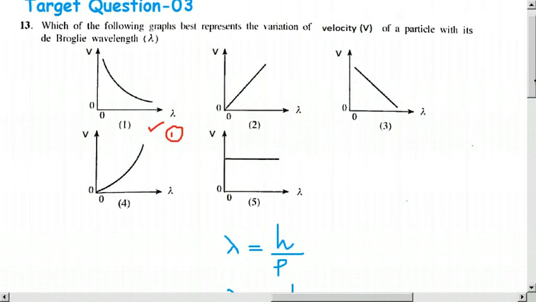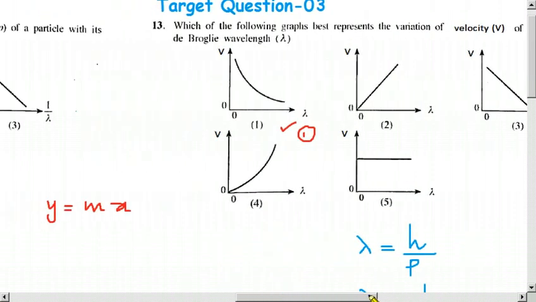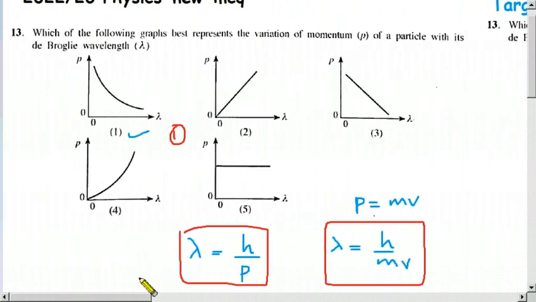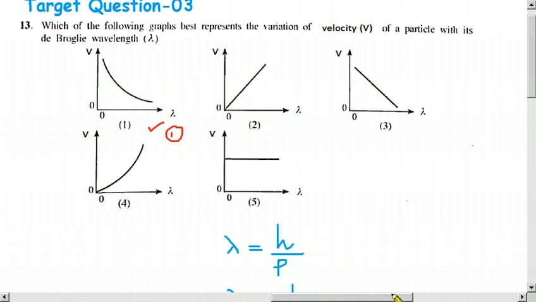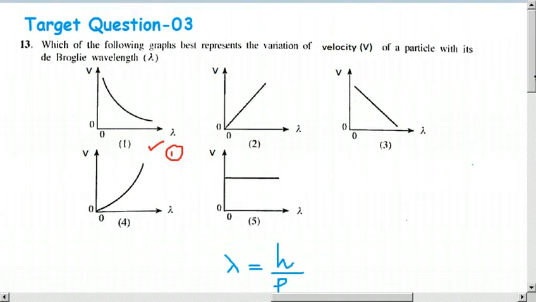That way also you can achieve the correct answer from the original question. Whether you take p or mv or just v, the shape doesn't change because m is constant. So like that even you can choose the correct answer.